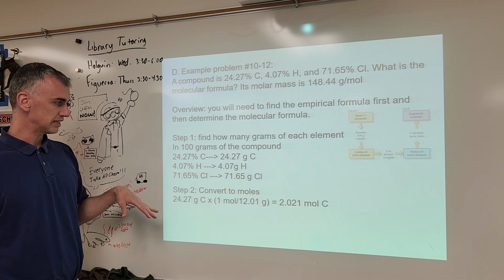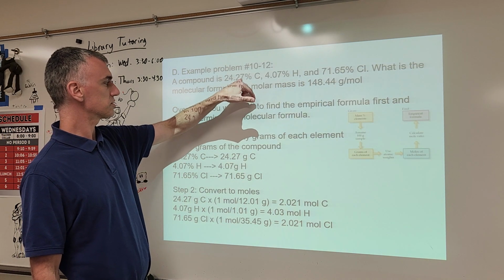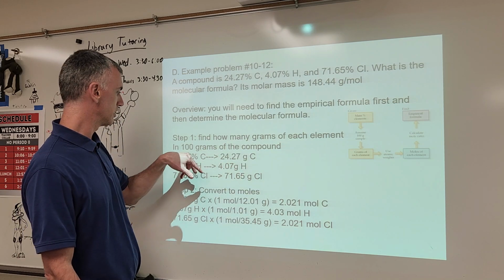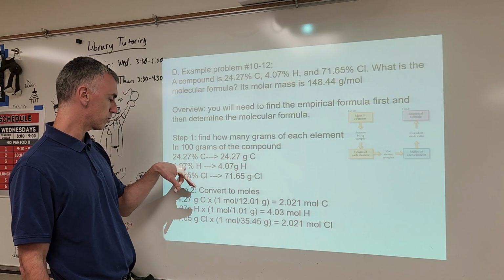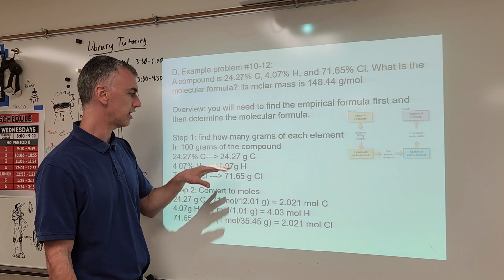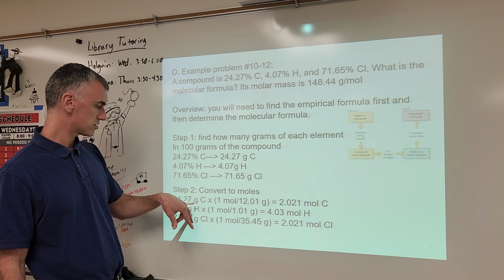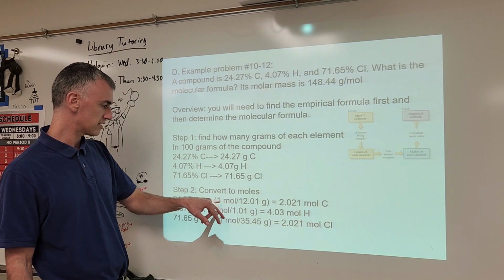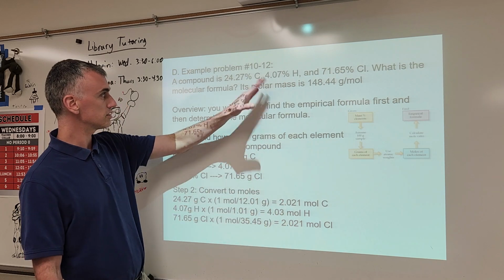Just as we did in the other example, you start with being like, oh, percent, cool, we'll do a 100 gram sample, just replace percent with grams, because if it's 100 grams, 4.07% is 4.07 grams. So you just say it's grams, and then convert each one to moles, so you do what you've got to do with molar mass to make sure gram cancels gram to give mole in the answer, so you find out how many moles of each of the different elements.